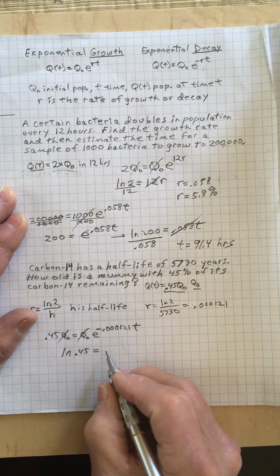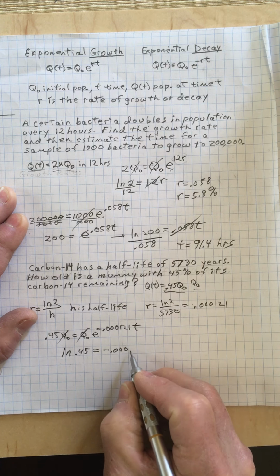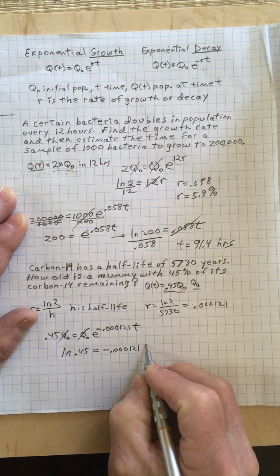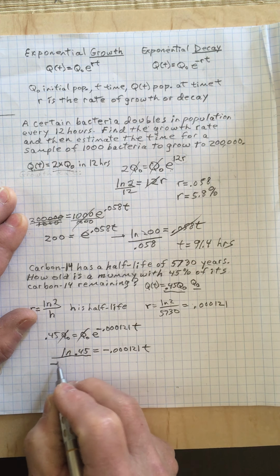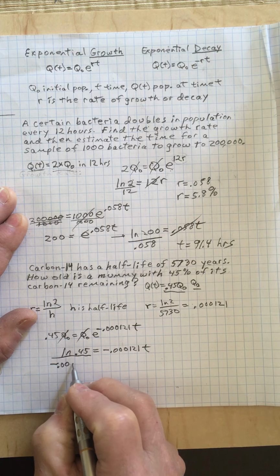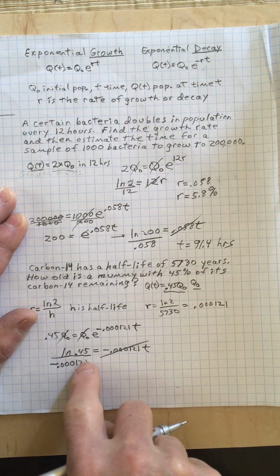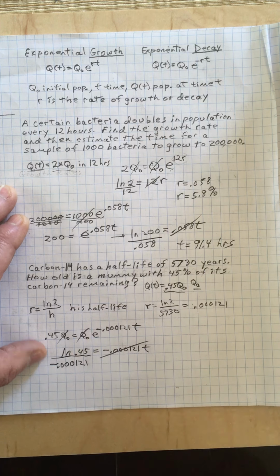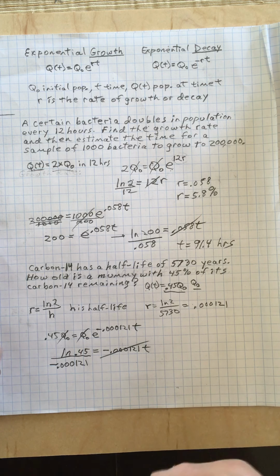And that cancels out the e then. Divide both sides by negative 0.000121. And the good news here is the natural log of 0.45 is also a negative, so we're going to get a positive answer for t, which is what we want.